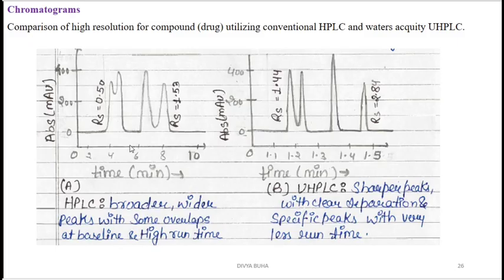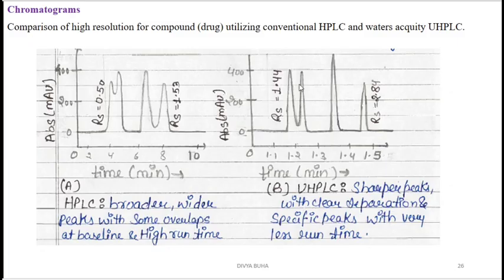So naturally the band broadening is more, right? Peaks are wider, and you can see that peaks are overlapping with each other at the baseline, right? You can see over here there are two peaks and they are overlapping at the baseline. Over here also the peaks are quite overlapping at the end. Okay, and the runtime is higher. Over here the runtime is 10 minutes, but if you see over here it is just 1.5 minutes.